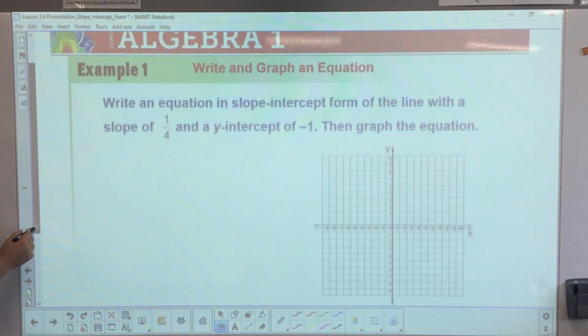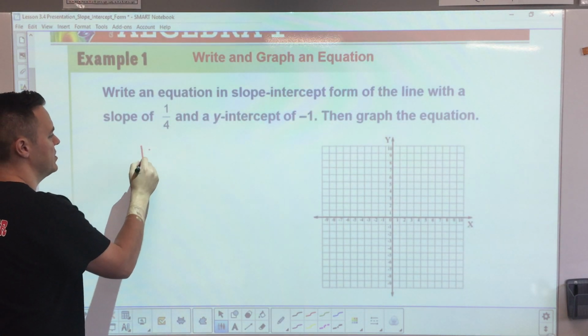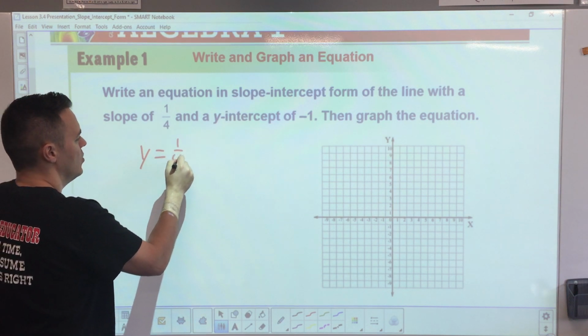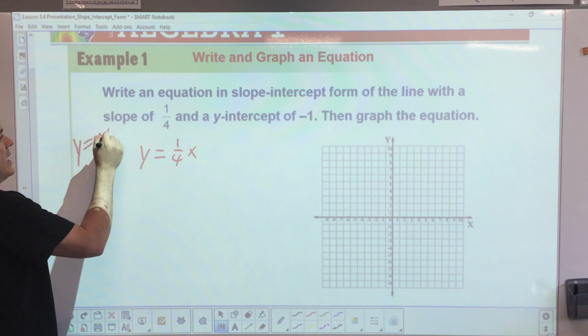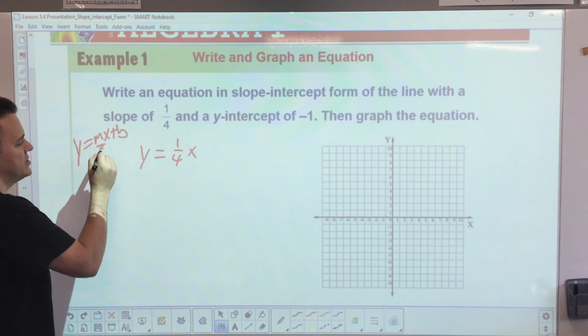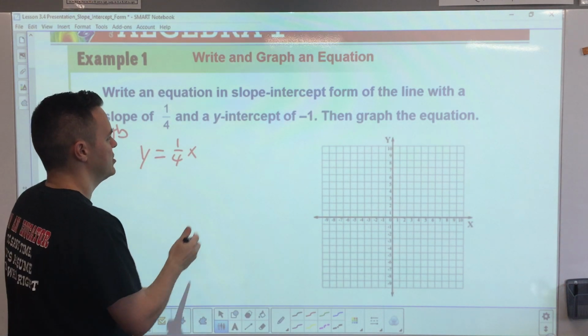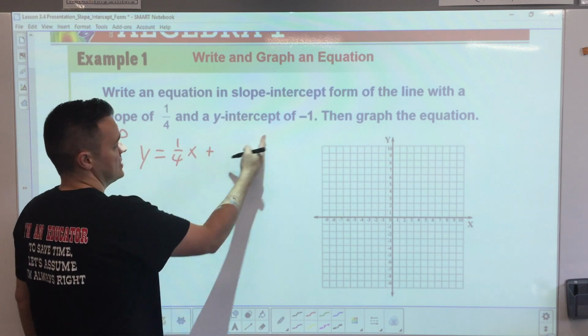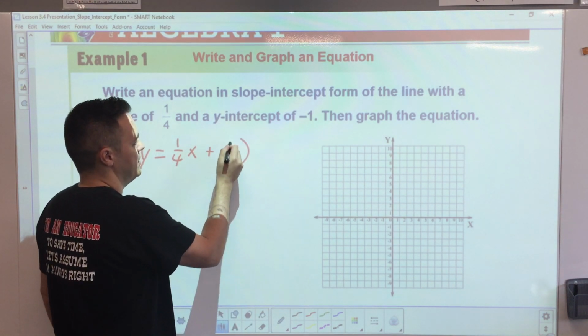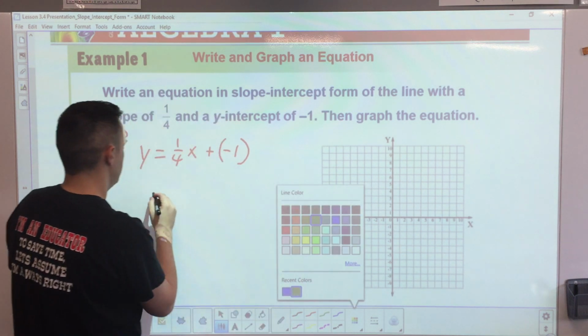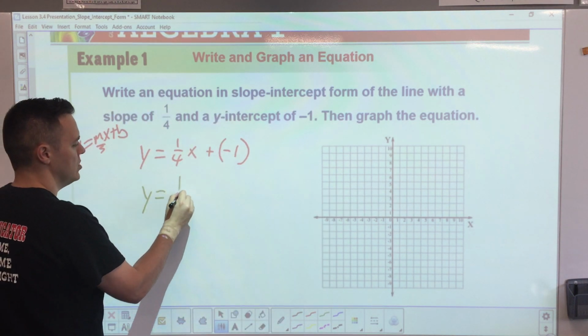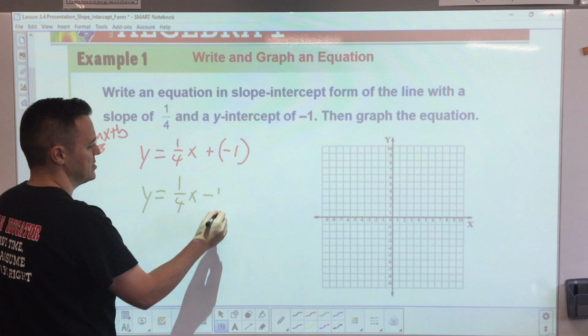All right, write the equation in slope intercept form. Let's begin with this one. y equals 1/4 x, because remember it's y equals mx plus b. It's in your notes, so please keep referring to it. And I'm going to do a plus, but my slope is a -1. We don't actually write it like this, so please rewrite it as y equals 1/4 x minus 1.